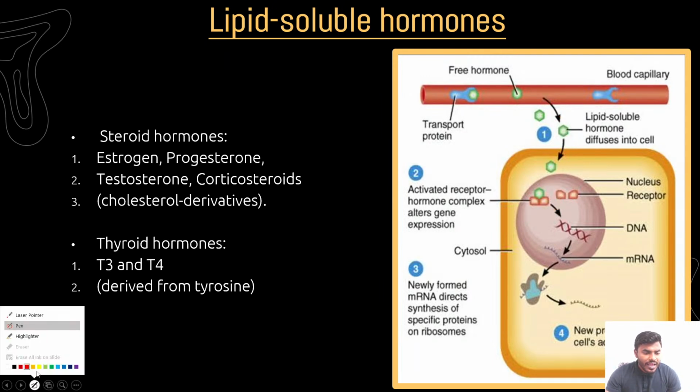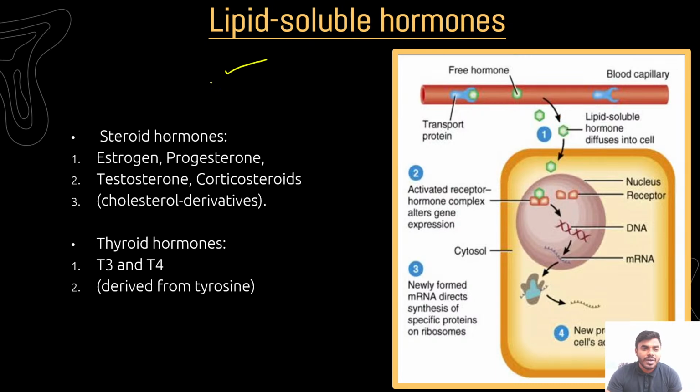What are the examples of the lipid-soluble hormones? You take the example of all the steroid hormones: estrogen, progesterone, testosterone, corticosteroids, even certain androgens, even you can take cortisol, cortisone, corticosterone. All these hormones' speciality is what? They can easily cross the plasma membrane. And how is that possible?